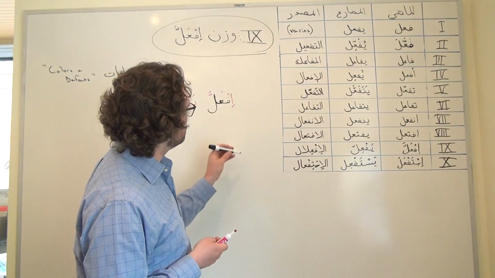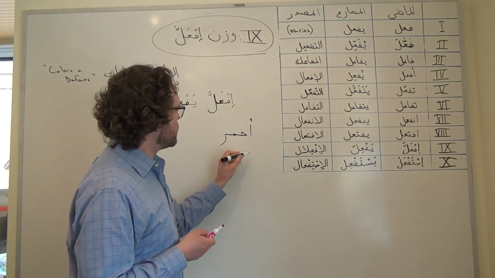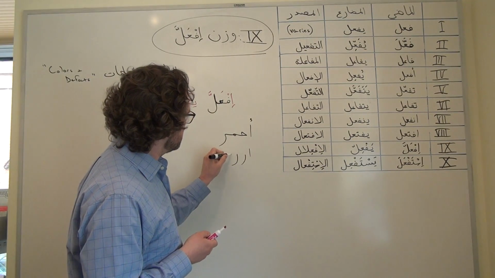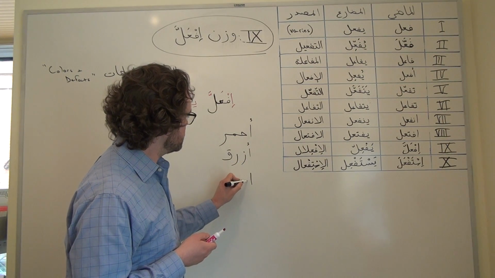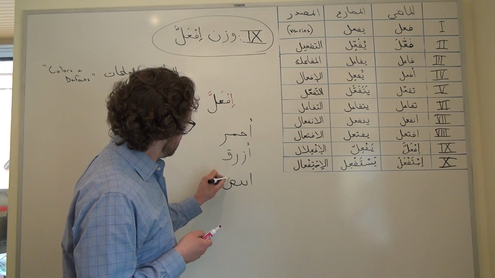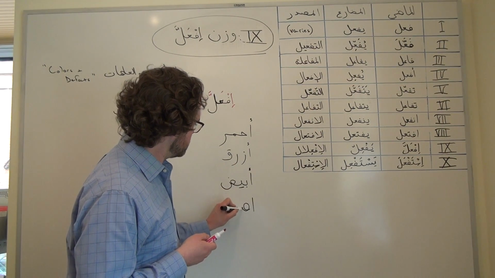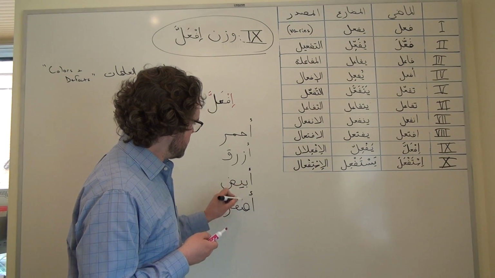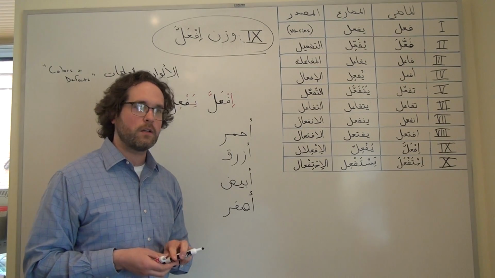So, if you've studied colors already, you know that some of them follow a certain pattern, the af'al pattern, like if we're talking about red, ahmar, or blue, azraq, or white, abyad, or yellow, asfar. Those are all our masculine singular adjectives for color.